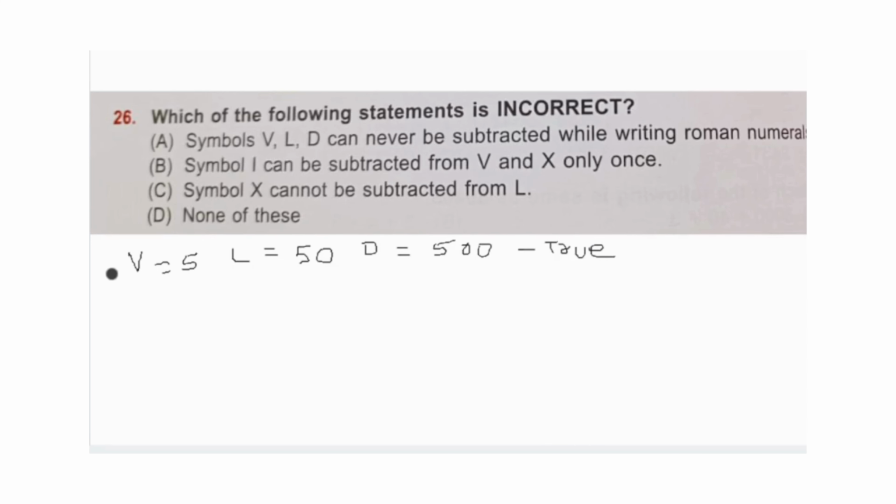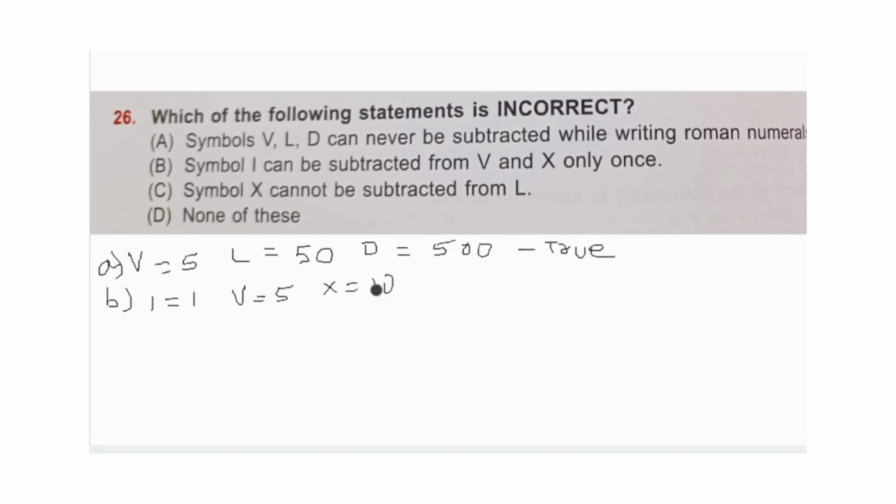And let's see option number B, which says symbol I, which is 1, can be subtracted from V, which is 5, and X, which is 10, only once. So let's try to write V, which is 5, and X, which is 10.